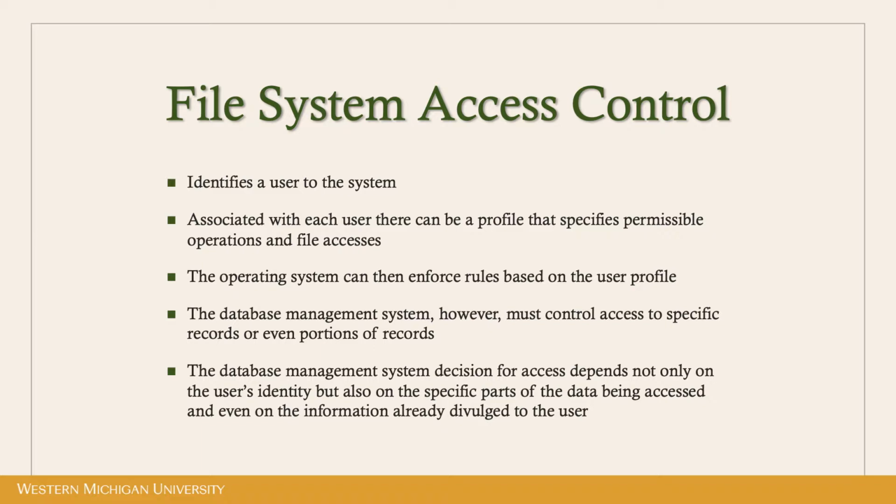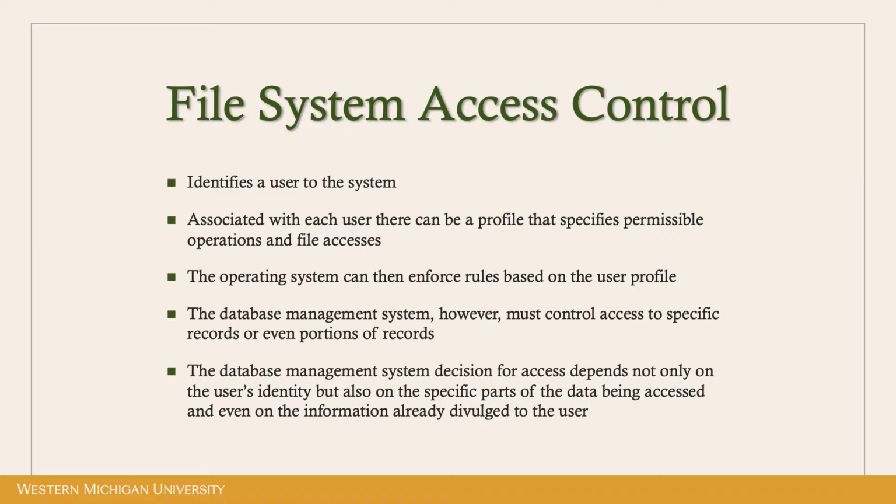But next in our whirlwind tour of security concerns is file system access control. This identifies a user to the system. Associated with each user can be a profile that specifies permissible operations and file accesses. So the operating system is going to enforce rules based on the user profile, or, as we'll see in the example on using Unix file access control, based on the properties set on the file itself.